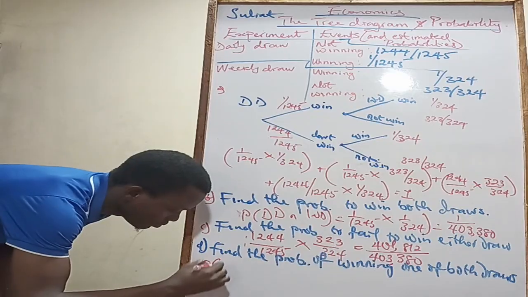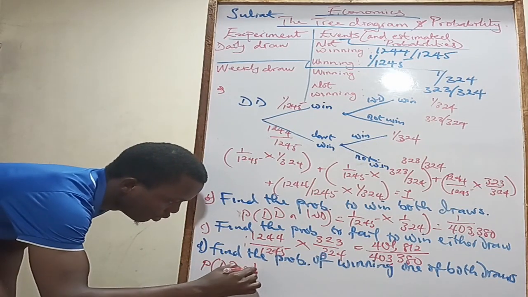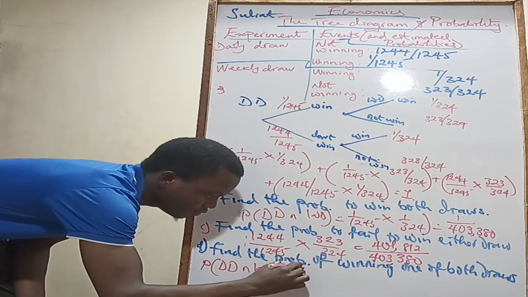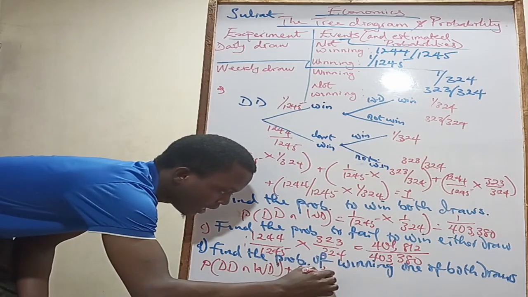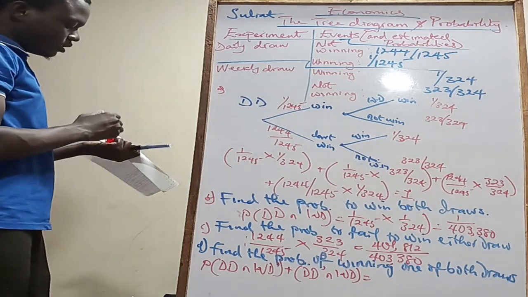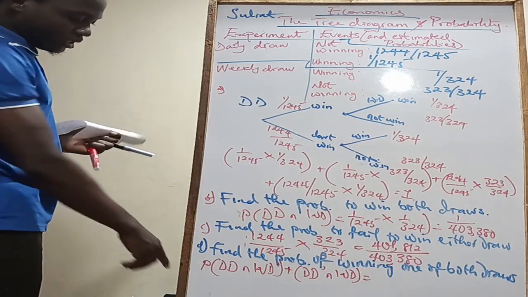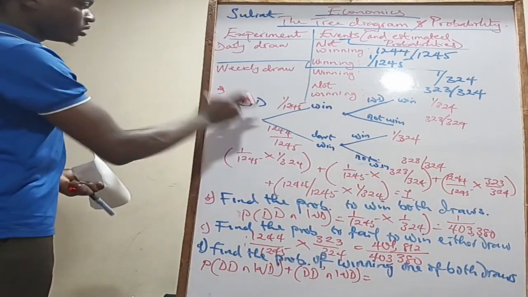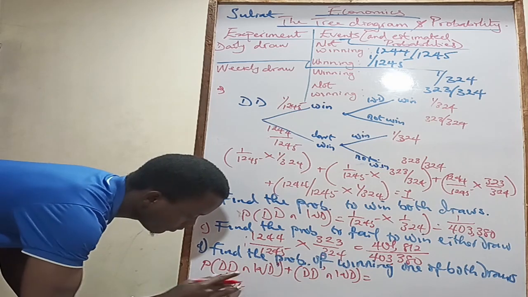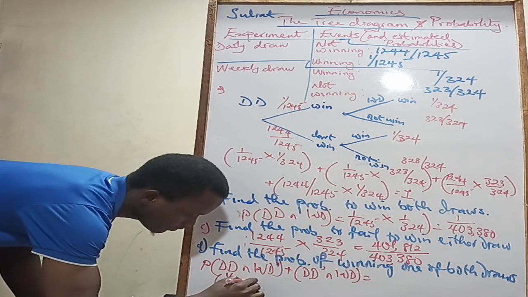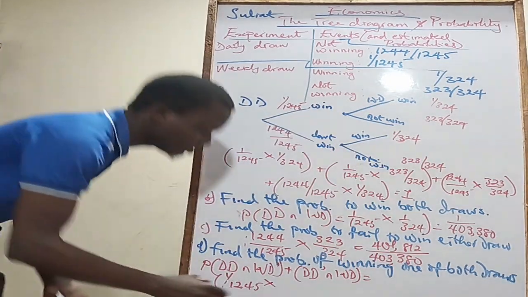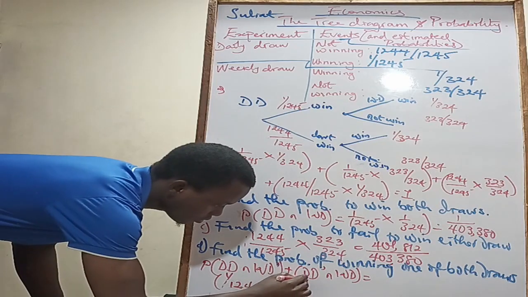So that's going to be the probability of winning the daily draw but losing out on the weekly draw, right? Or the probability of losing out on the daily draw and winning the weekly draw. So how do we approach this? So win daily is 1 over 1245, times not win weekly, 323 over 324.